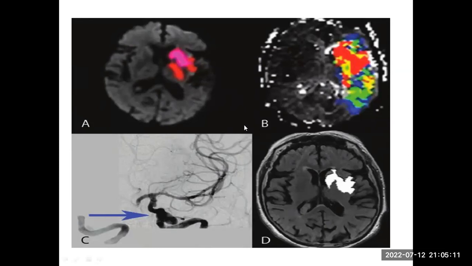When we do diffusion-weighted MRI, diffusion-weighted tests in general, it evaluates and measures the movement of water molecules in the tissue. It shows how the water molecules are moving.